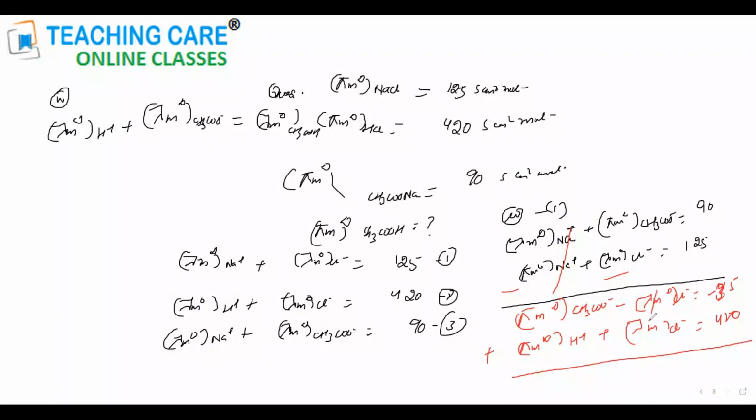So the Cl minus will get cancelled out, and we get the required equation, CH3COO minus plus H plus, which is 385. Got it? This is how we are going to calculate.